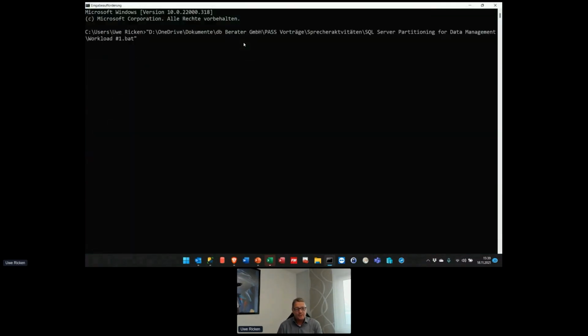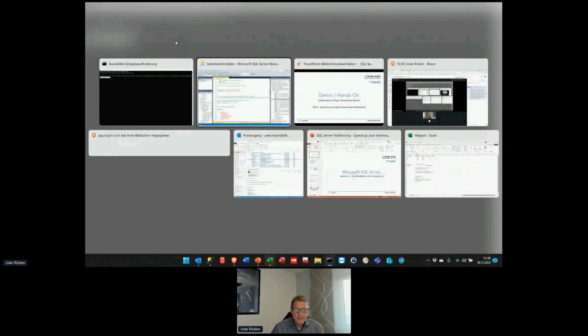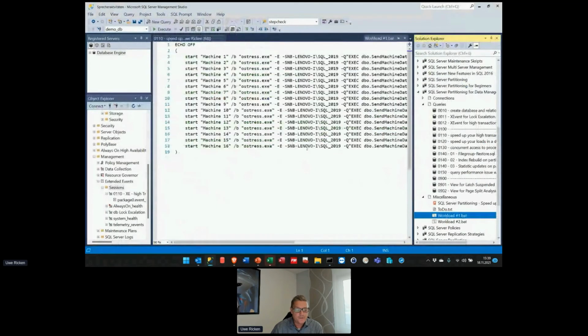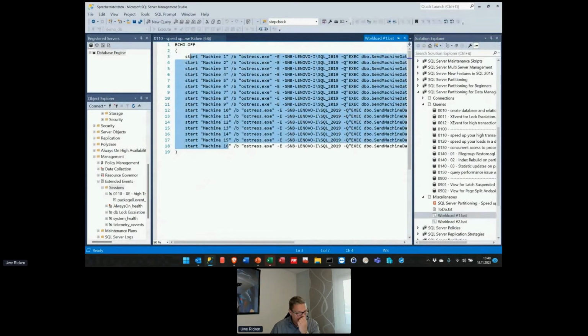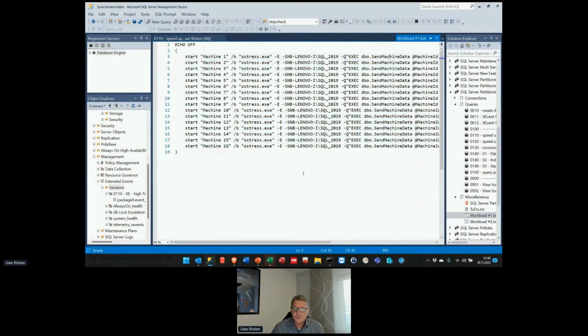Let me first of all insert it here and shortly explain what it will do. What I'm doing is very simple. I am executing a batch file, workload number one.bat. If we look into this, it's very simple. I start 16 processes here, see this here, 16. I start the OStress program 16 times. I connect to my server, and then I execute this stored procedure.